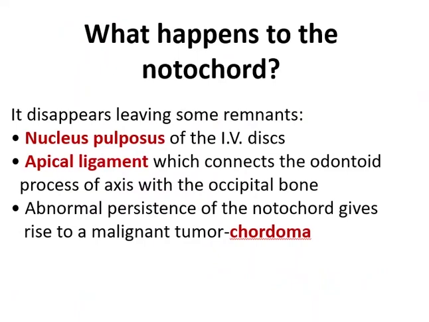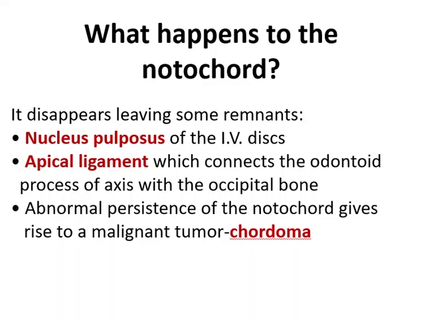What is the fate of the notochord? The notochord itself disappears, but some remnants appear after its disappearance, which include the nucleus pulposus of intervertebral discs. The disc between vertebrae is called the intervertebral disc.